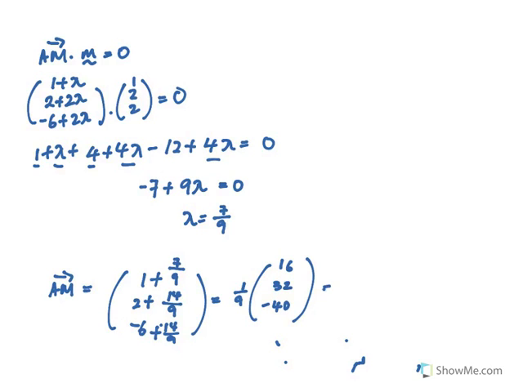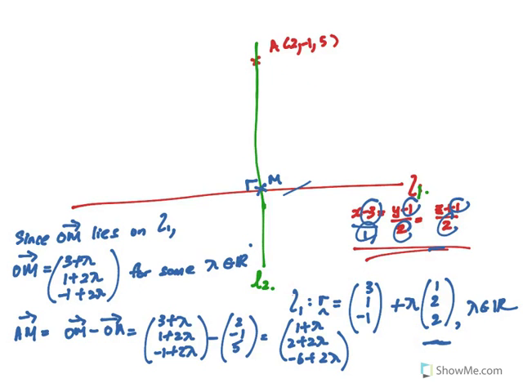If I factorize, having a good habit of always looking for common factors, I have 8/9 (2, 4, -5). So what does AM give us? AM gives us the direction vector of L2.